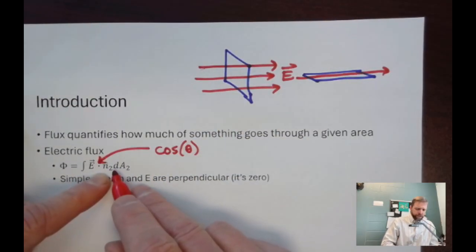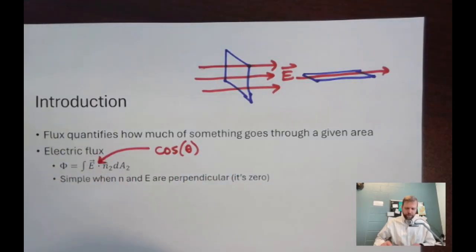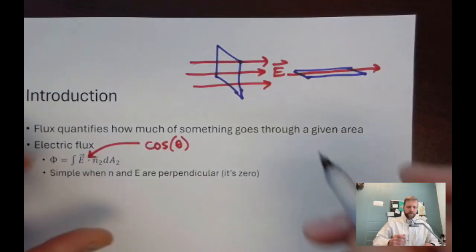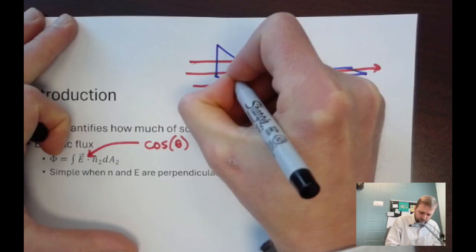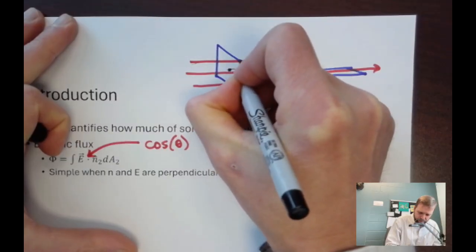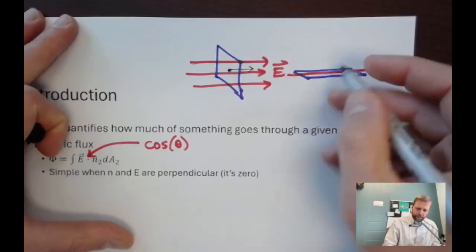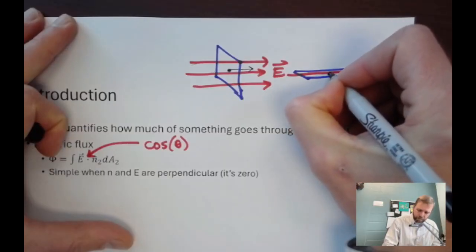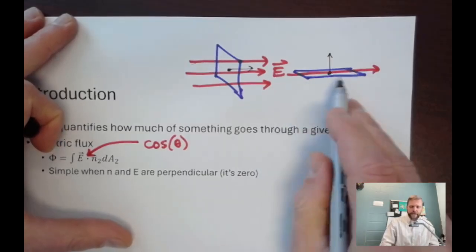The area vector points perpendicular to the area. So in this case right here, the area vector would point perpendicular to the plane of the area.